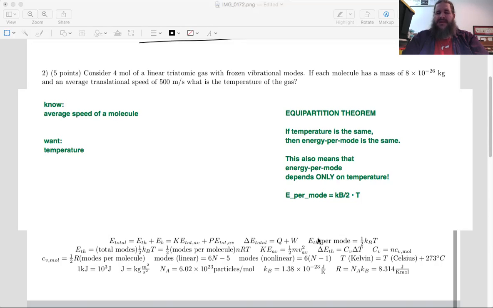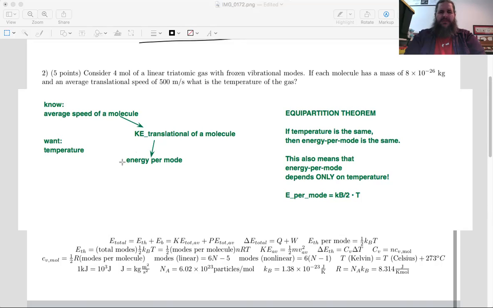And then we can relate that to the energy per mode. So I think our general scheme here is going to be, since we know the average speed of a molecule, we can use that to find the kinetic energy translational of a molecule, tying those together. And then we can use that to find the energy per mode, or at least connect it to the energy per mode.